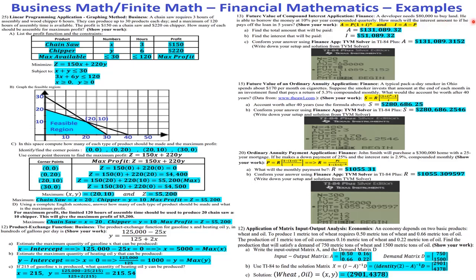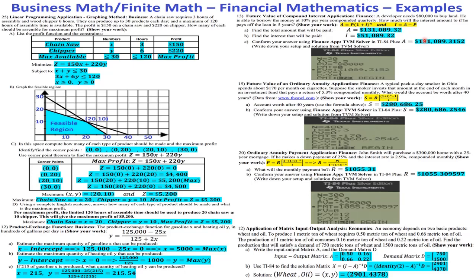How much will be the interest? To find that, the compound interest formula is A equals P times (1 plus i) to the n. You use this formula and you will end up with the future value A equals $131,089.32, and the interest is about 51,000.